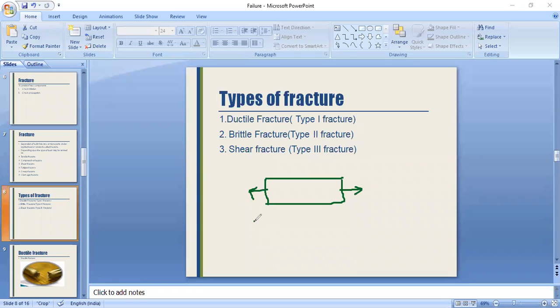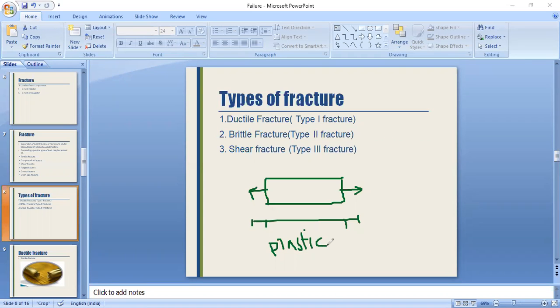The length is going to change from this to this. So in ductile fracture, I want to make it clear here, there is a change in the length. That is plastic deformation that takes place in ductile fracture.